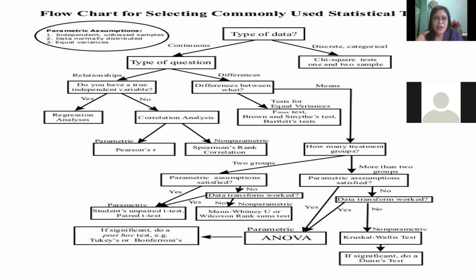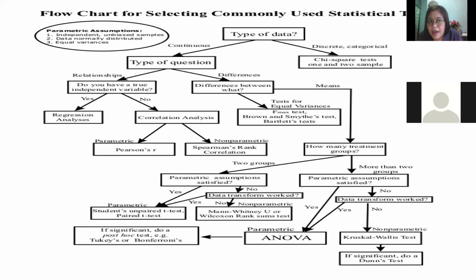I always say the data should be normally distributed, so that is the number one parametric assumption to fulfill. But also, our data must be independent from each other, and the samples must be unbiased. Like when we do an experiment, we have to get rid of bias, or if we survey using questionnaires, then the samples obtained must be unbiased.